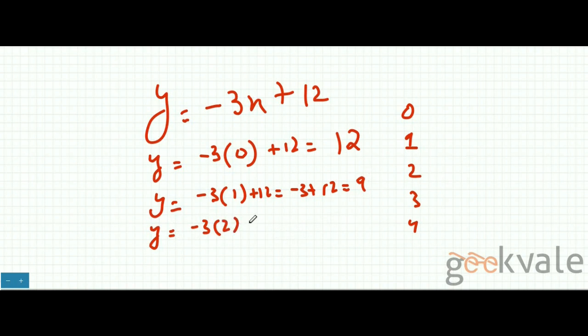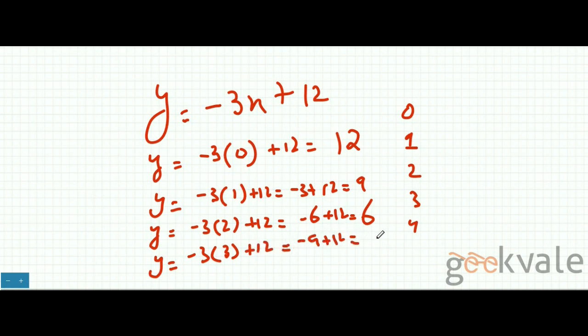2 gulps, the remaining amount of juice will be that much, and 3 gulps, the remaining amount of juice will be minus 9 plus 12, 3. You see, as you're taking more and more gulps, the amount of juice remaining keeps on decreasing until it's finished, nothing left.